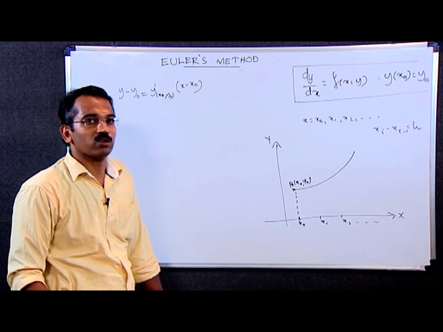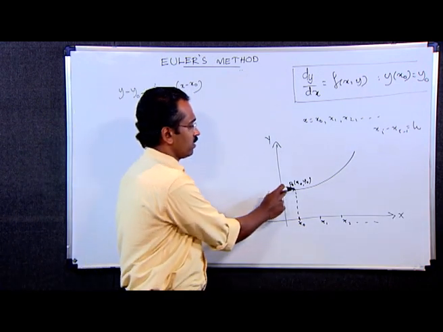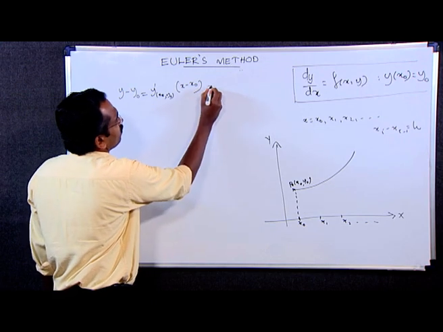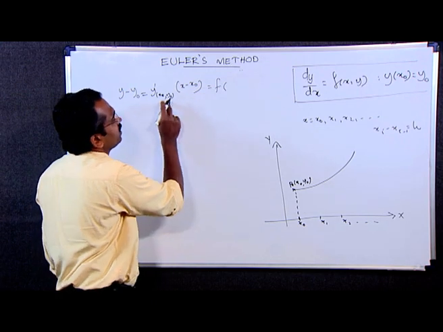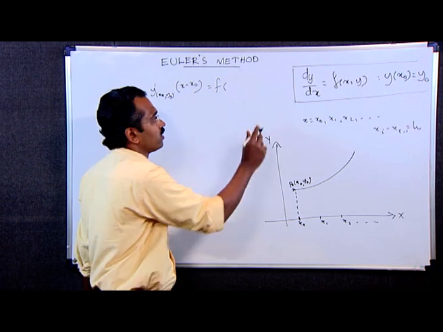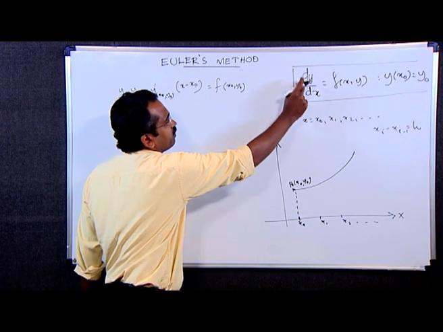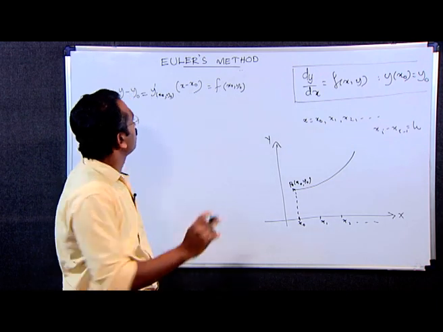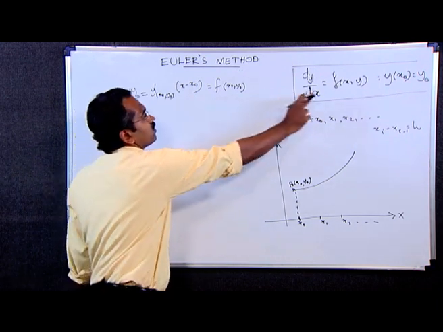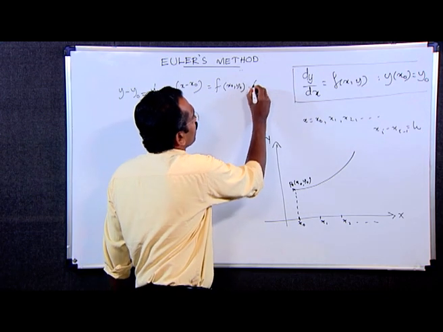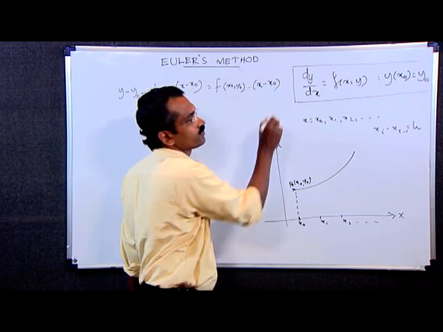This is the equation of the tangent at the point P naught. Y dash at x naught, y naught means f of x naught, y naught, because dy by dx is the slope. Therefore, y minus y naught is equal to f of x naught, y naught into x minus x naught.